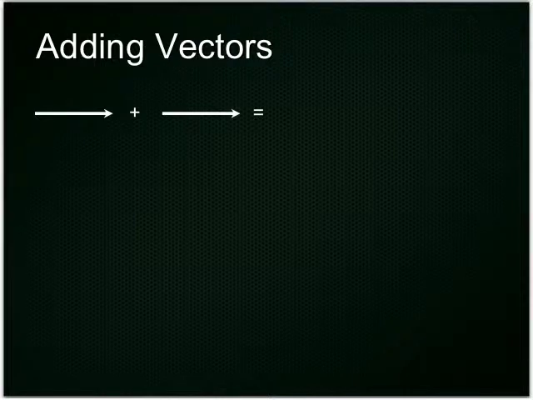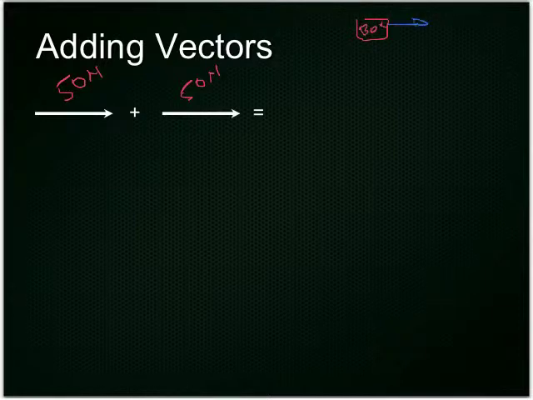Now you could have two vectors. Let's say we had two 50 Newton vectors. So let's say we had a box, and you're pulling it with one vector of 50 newtons. You're pulling it with a rope, something like that, with a force of 50 newtons.